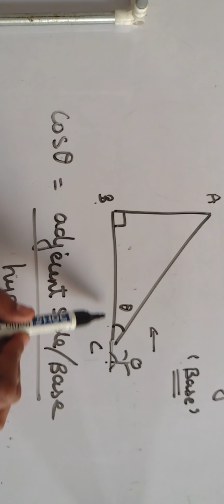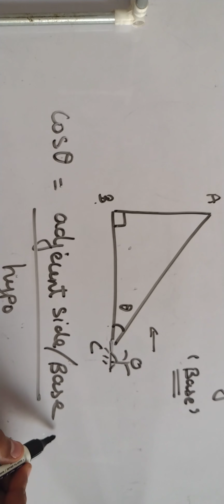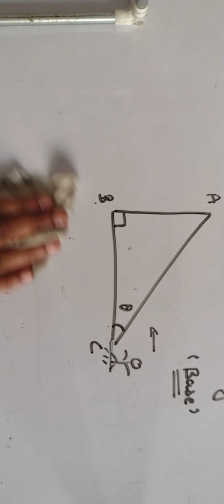The base means the surface we are standing on. On which surface are you standing? That is BC. Getting it? So that will be BC upon the hypotenuse, which will be AC. Are you following it now? So this is nothing but cos theta. I hope you are getting the concept.